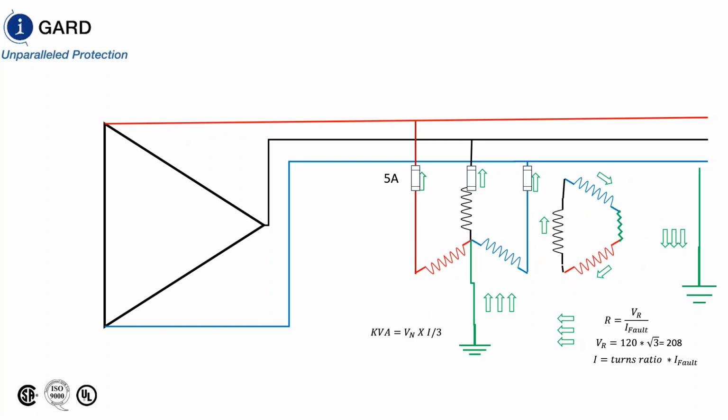You can use a Y-grounded open corner delta. And if you use a Y-grounded open corner delta, a little bit more work has to be employed here.